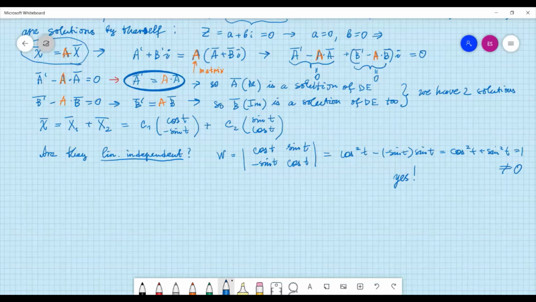I would prefer you to solve it this way, just because it's a little bit faster. You look for one eigenvector. You don't need to prove all this stuff. You just solve one eigenvalue for one eigenvector, find the imaginary and real parts, and use them as your solutions.